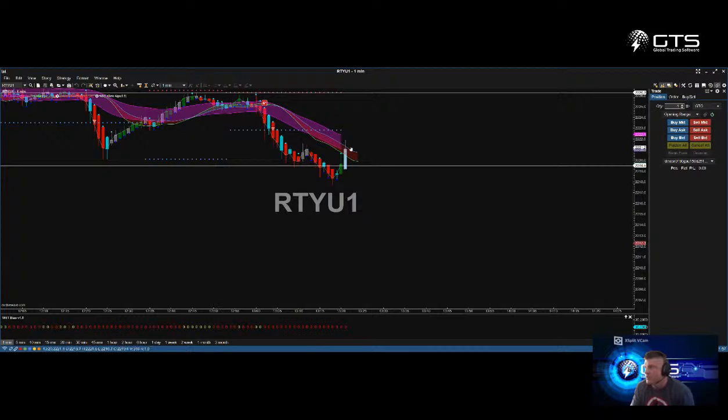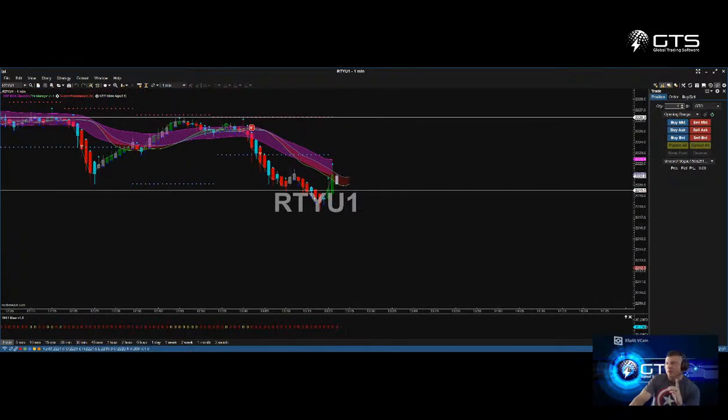Pushing up through this EMA cloud right here. And now remember that after a parabolic move like this, you always do one thing, and that is switch your manager to the aggressive setting. And this is why, right here. Because after a parabolic move, you can usually expect to see some sort of dramatic high volume reversal in some cases.